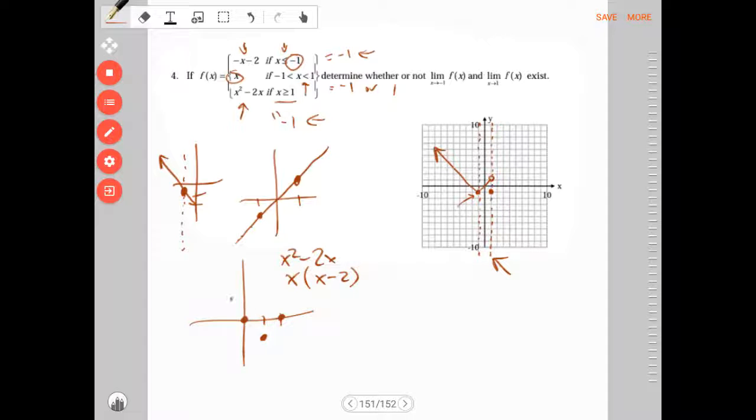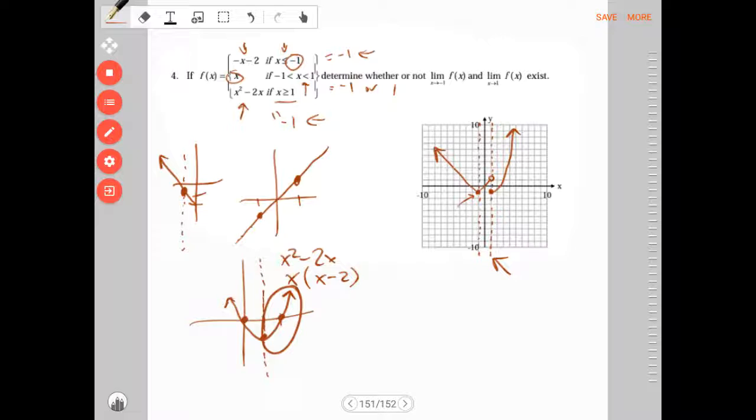So the function looks like this. It's a parabola. Remember, our dotted line is here, so we really only have this part of it. Then we go back over to our graph, and that looks like this. So there's our picture.